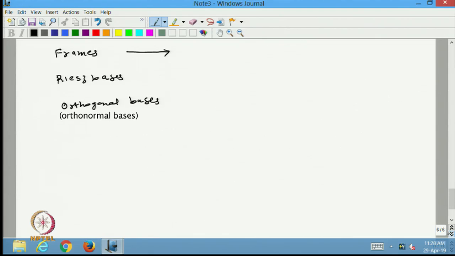I am writing that additional property here, for all f belonging to H. What are small m and capital M?